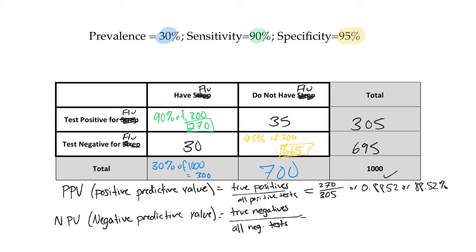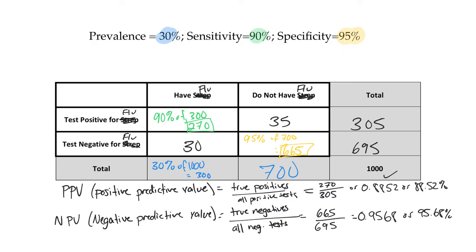So the true negatives was the 665, and there was a total of 695 total negative tests. So 665 divided by 695 gives us 0.9568 or 95.68%.